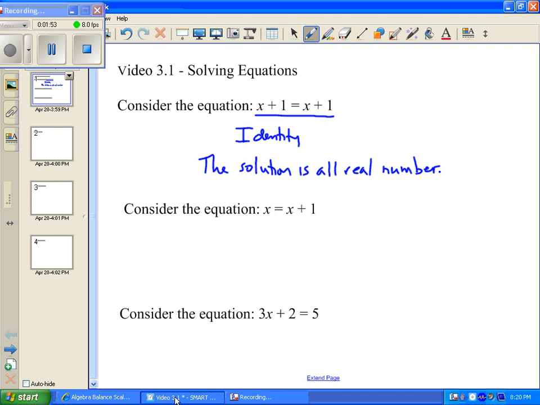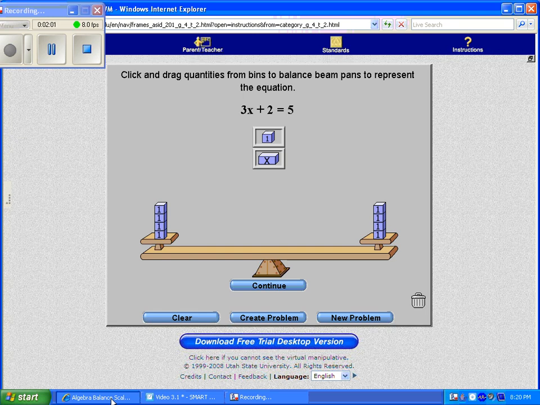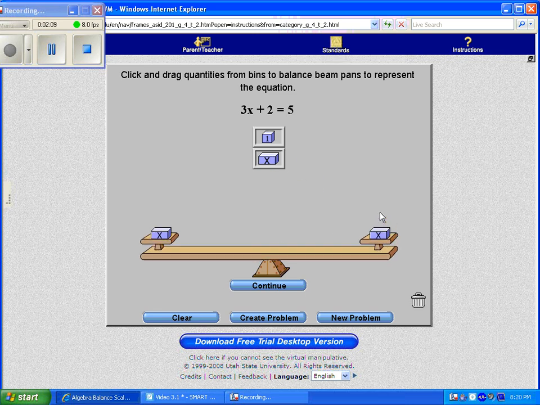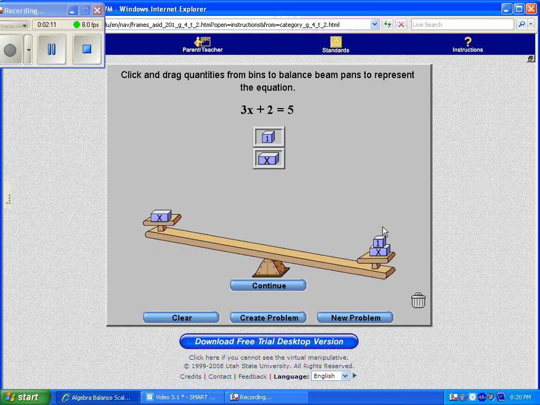Now if we look at the second equation, in the second equation we have x plus 1 is equal to x. So let's go back to our balance scales here, and I'm just going to clear that off. And I have an x on one side, and on this other side I have an x plus 1. And what I'm trying to do is find what number could I replace x with so that, now we have a slight problem, these sides aren't equal, are they?